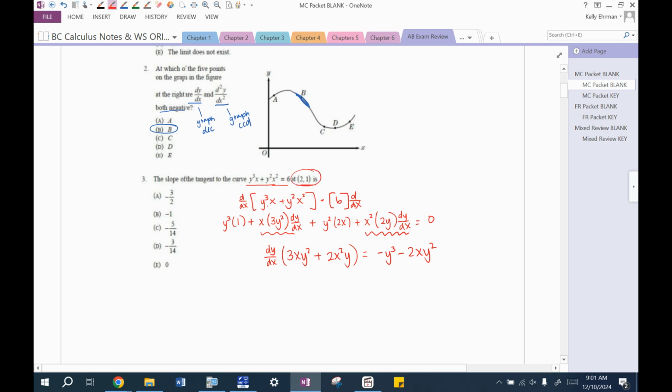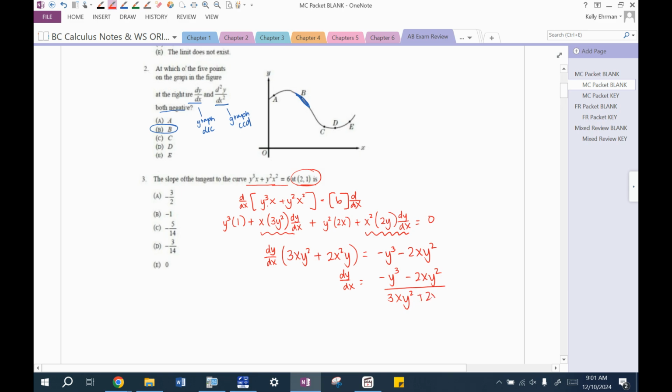And remember, we're plugging in a point, so you don't need to go crazy about factoring or simplifying. It's just going to be negative y to the third minus 2xy squared divided by the parentheses.